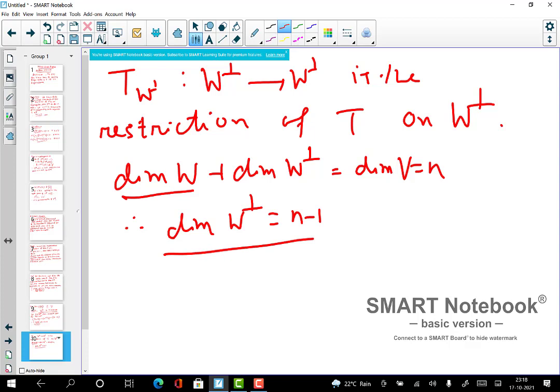Okay, now the characteristic polynomial of the restriction actually divides the whole characteristic polynomial, which we proved long back.